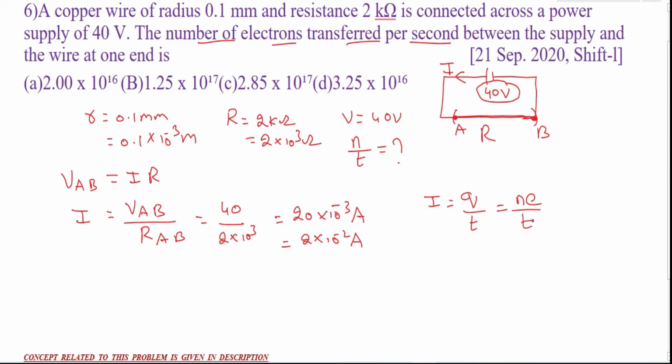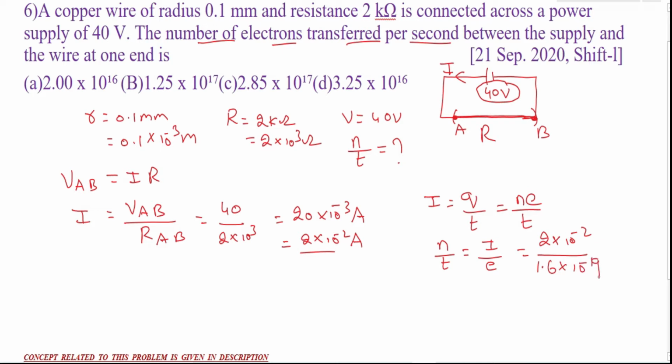From this I can write N by T, which is nothing but the number of electrons transferred per second, is equal to I by E. We already calculated the value of I as 2 into 10 power minus 2. So 2 into 10 power minus 2 by E, which is the charge of electron, 1.6 into 10 power minus 19.